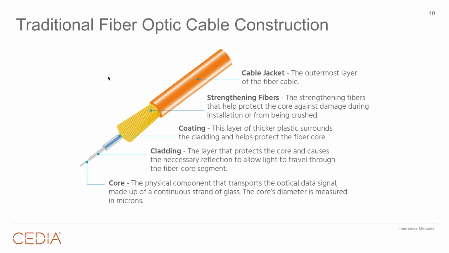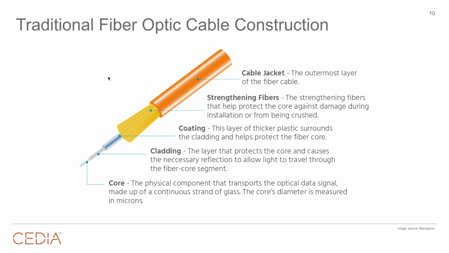Before we get into that, let's look at the fiber itself, okay? So there's different parts to the actual physical fiber optic cable. And these are important because as we start to do the hands-on and we start to understand how these cables work, we have to understand the different components that go into making a fiber optic cable.